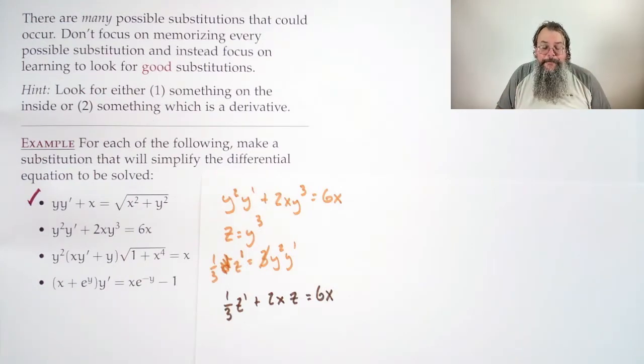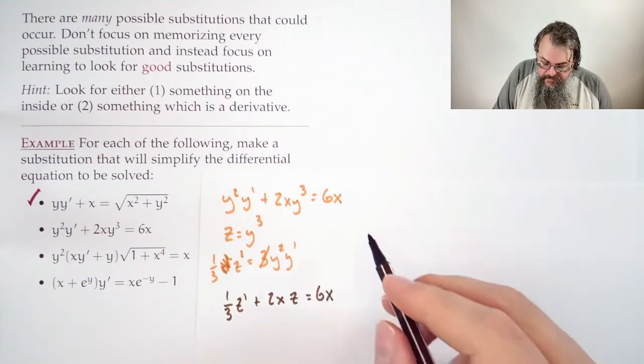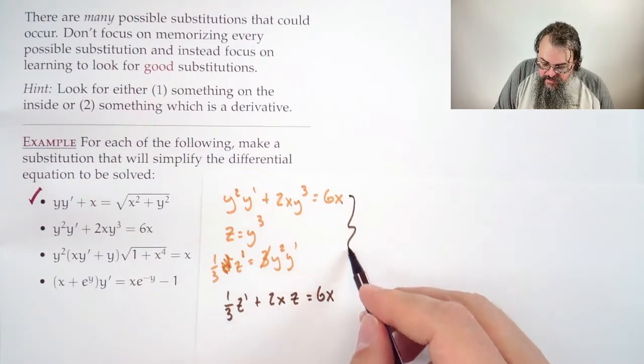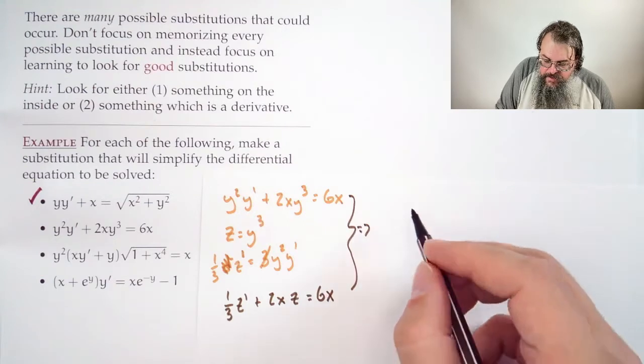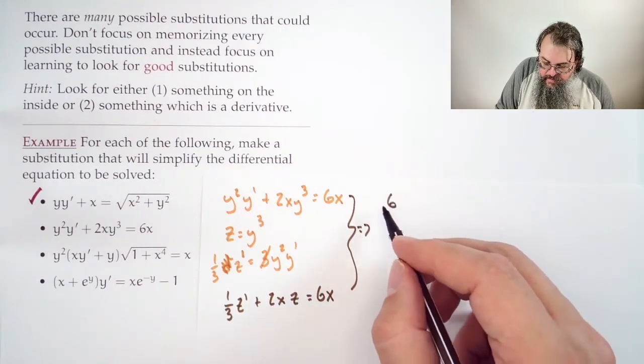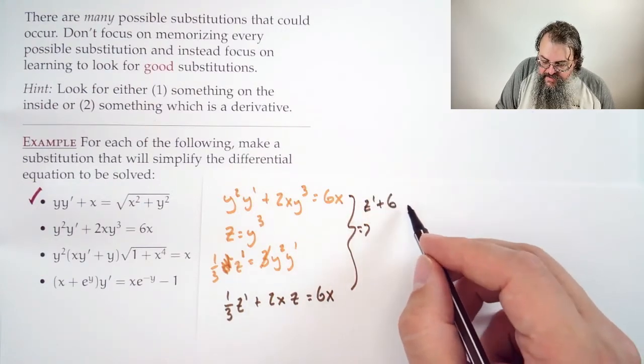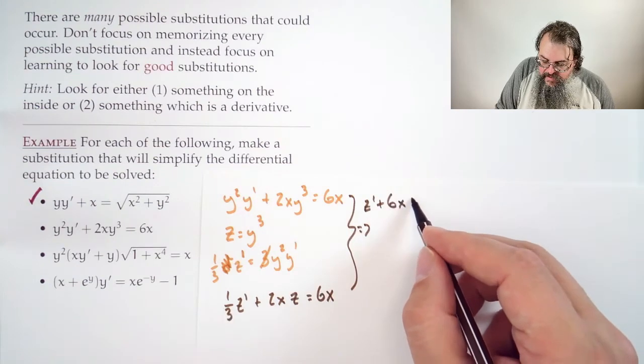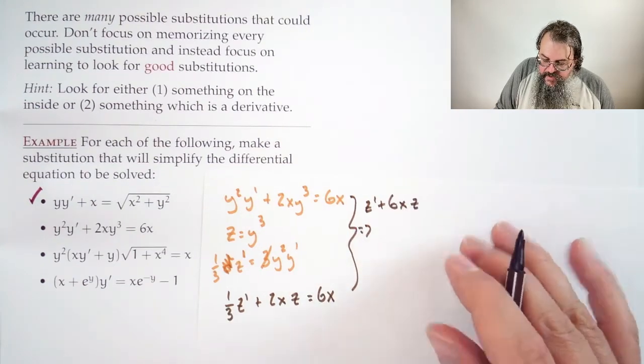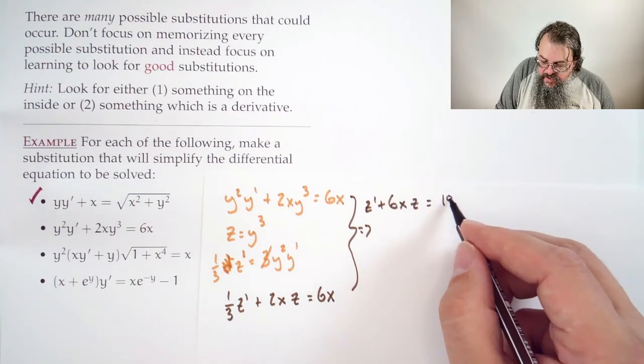And I say, this is great. This is wonderful. And we say, all right, well, at this stage, we'll multiply through here. And we'll multiply through by 3. And so let's see what we get. We get 6 z prime plus 6xz is equal to 18x.